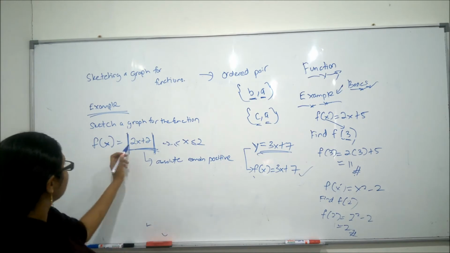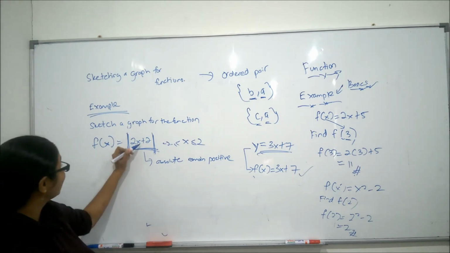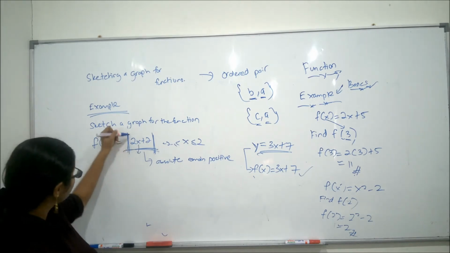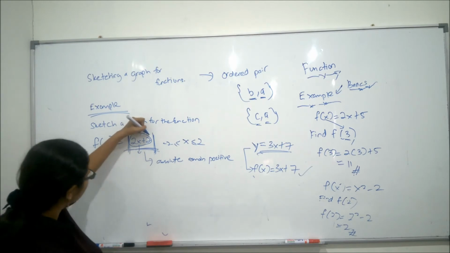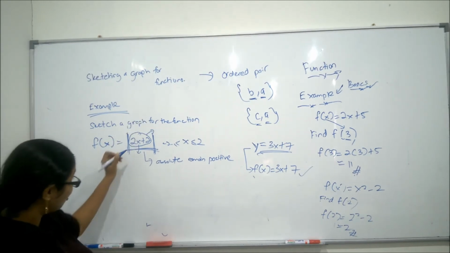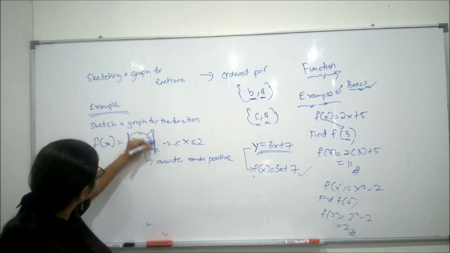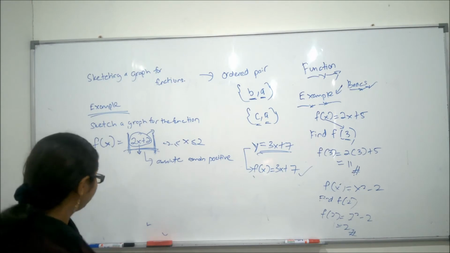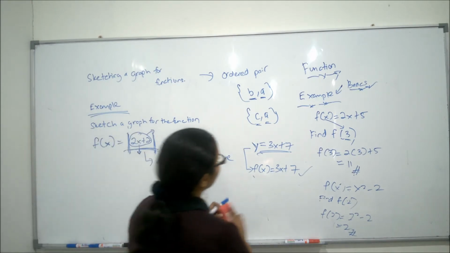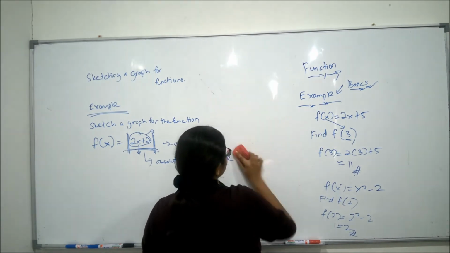Meaning that if you substitute a certain x value here, which gives a negative answer, you will have to change it into a positive value. So let's not delay further and move on to sketching this graph.